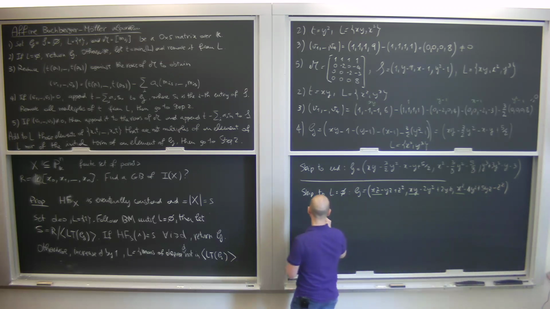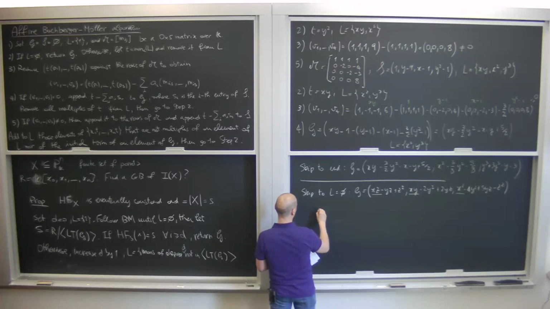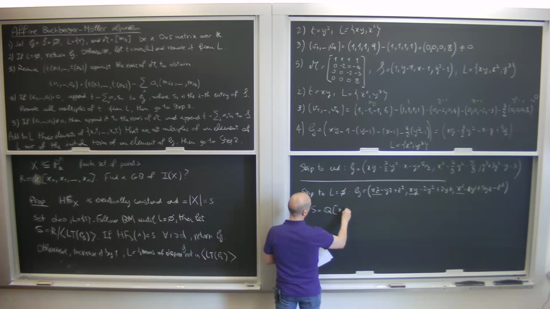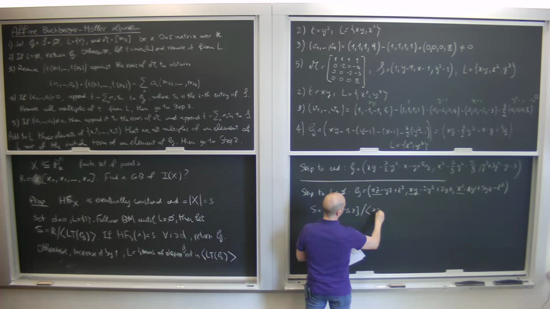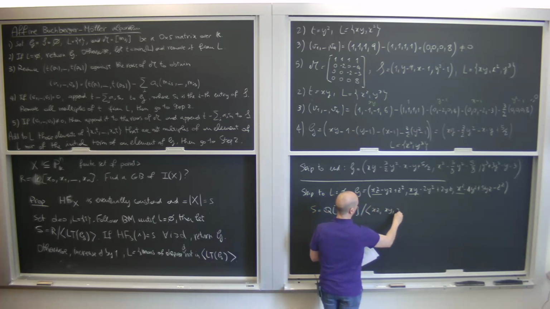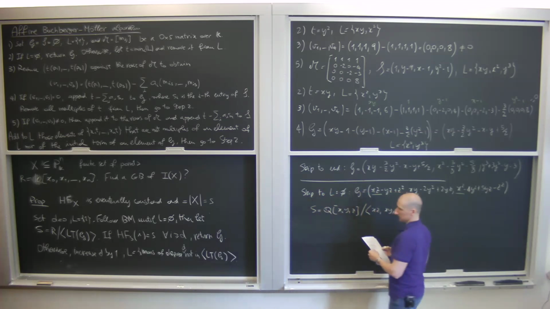And what happens to the ring S, which is Q[X, Y, Z] mod XZ, XY, X squared?